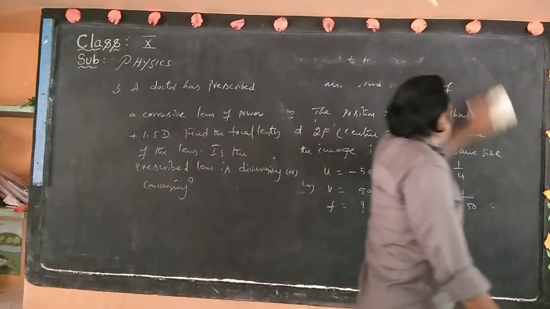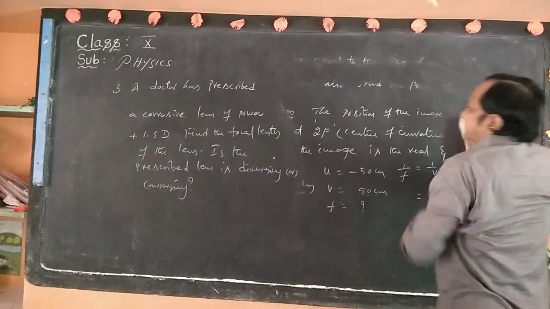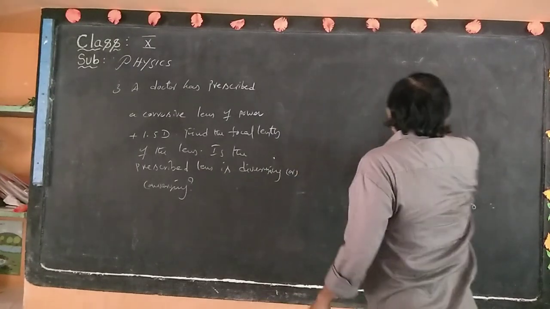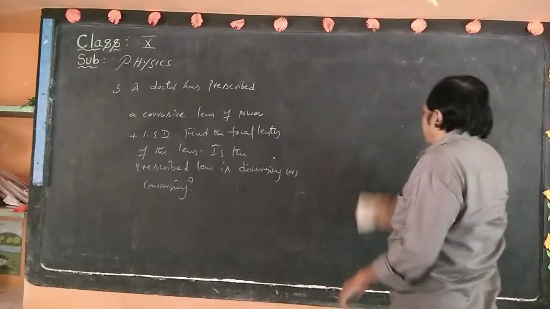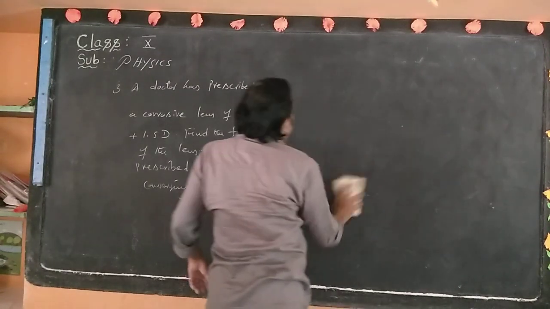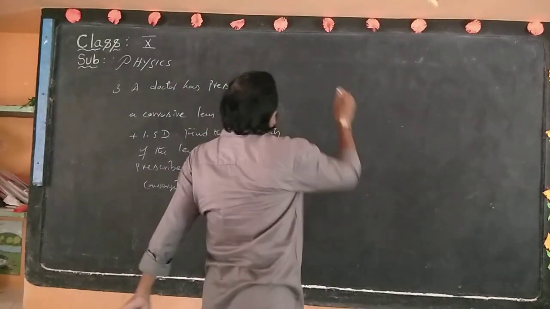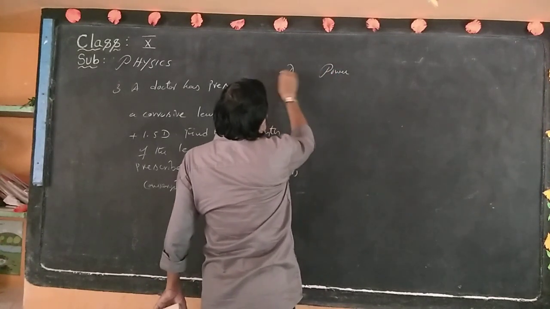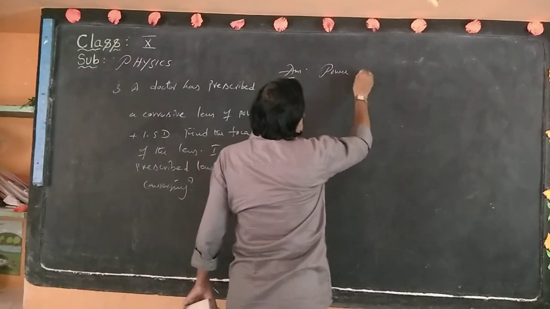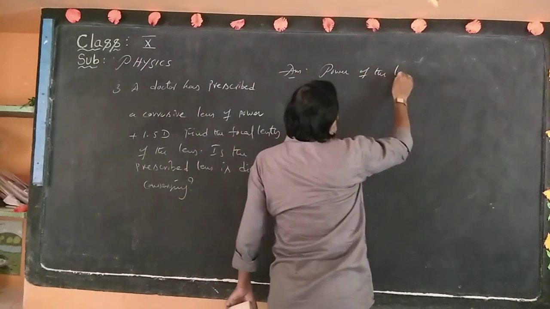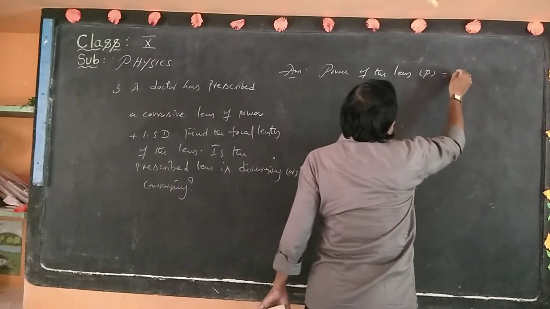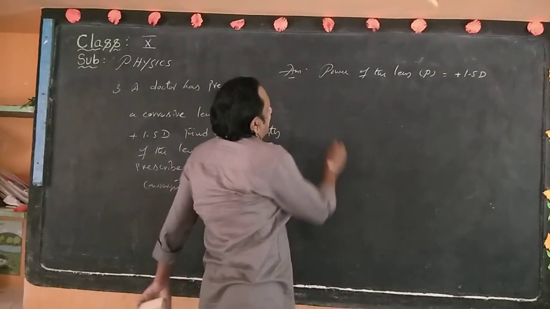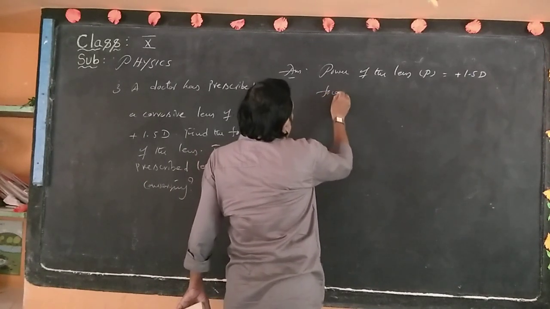First of all, we have to calculate from the power of the lens. We can calculate the focal length of the lens: F is equal to 1 by P. Solution: power of the lens P is given as plus 1.5 diopter.